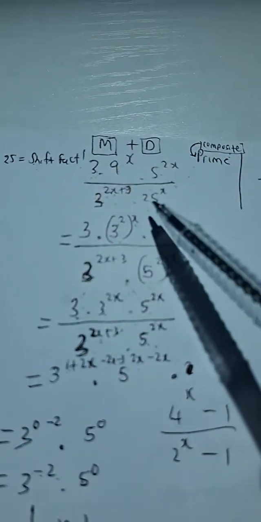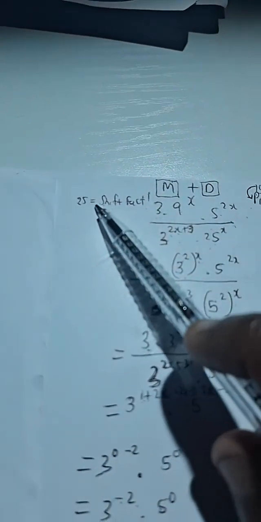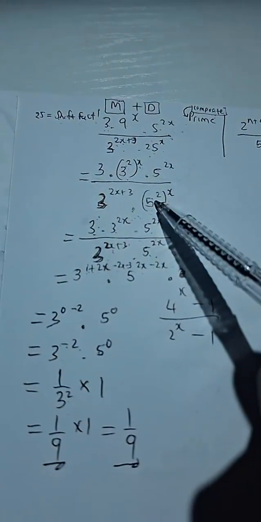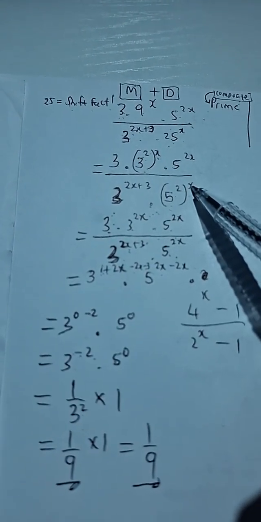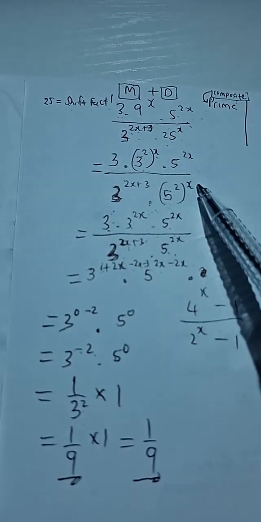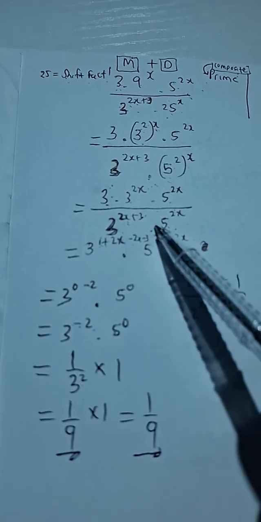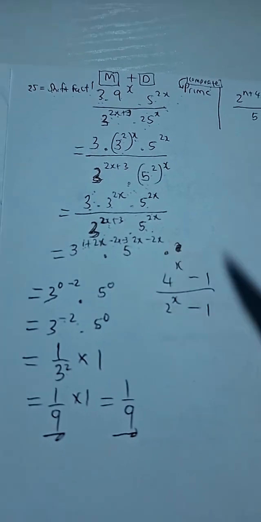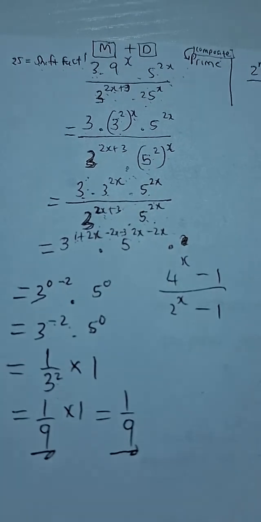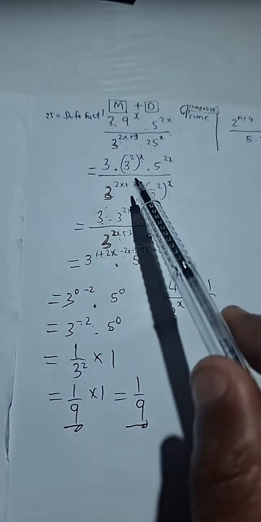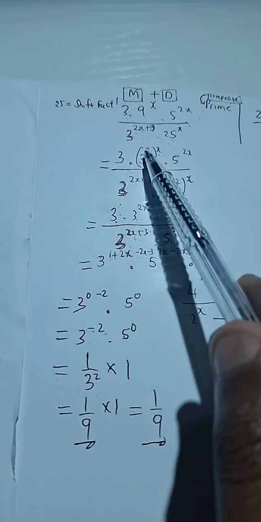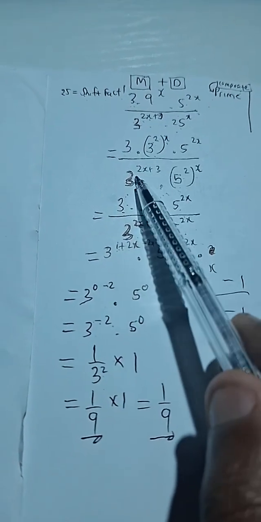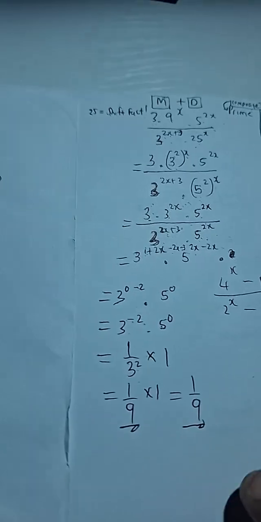If you don't know what the number is, you take the number, you press equal, you press shift, you press fact. 25 will be written as 5 to the power 2, and you write it in brackets, you put the exponent on the outside, then you multiply the two exponents so that you get the exponent that is supposed to be there. Okay, so you do that with all the bases that are composite. 9, 3 to the power 2, you multiply, and so it goes.